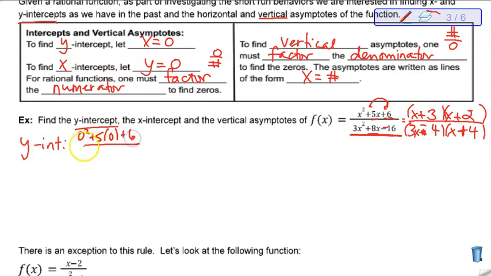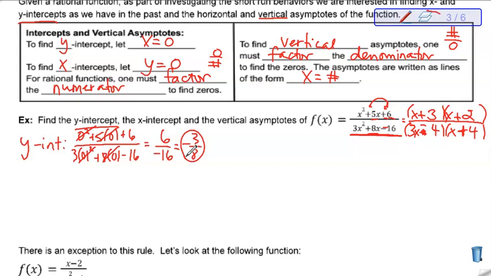So the top, that goes away and that goes away, leaves me with just a 6. On the bottom, I do 3 times 0 squared, which is 0, plus 8 times 0, which is 0, minus 16, so that's gone and that's gone, leaves me with a negative 16 on the bottom, which reduces to negative 3/8 for our y-intercept.